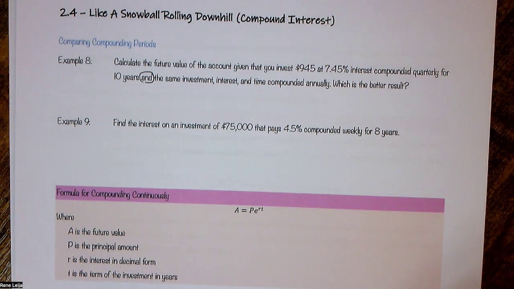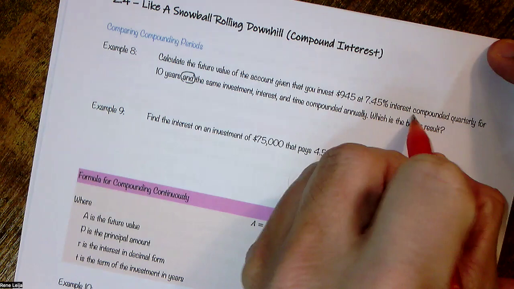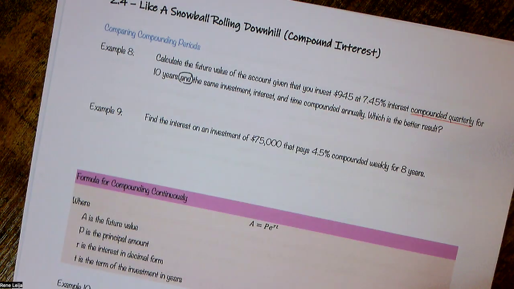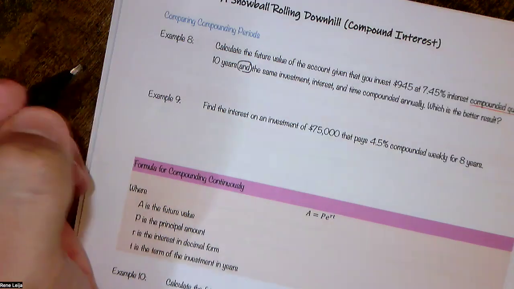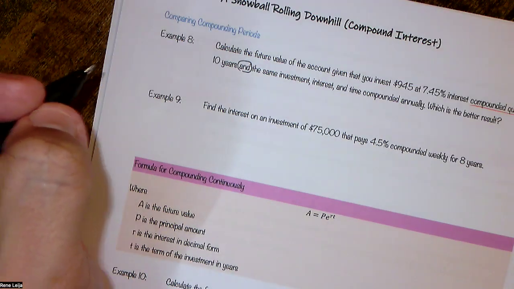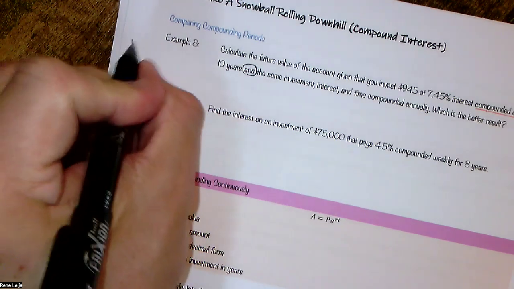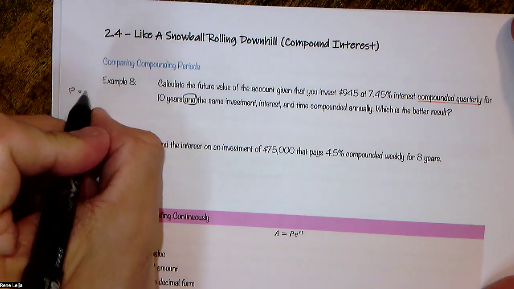So we're going to do two of them. All right. So first, we're going to look when this is compounded quarterly. Okay. So off to the side, here's what I'm going to do. And you always want to identify your variables.